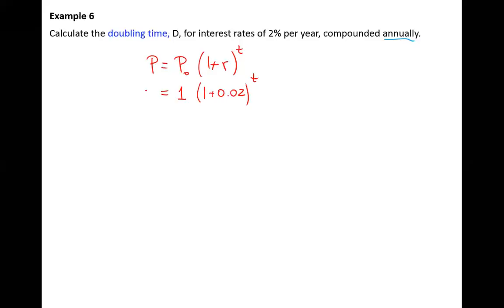Of course, 2. It will be two times that $1. I can even divide by 1, which of course is pointless. I will end up with the quantity 2 on the right hand side.